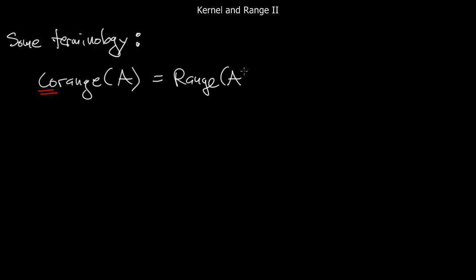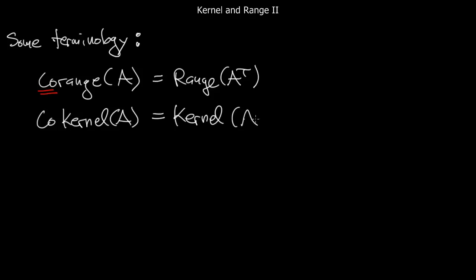So the co-range of A is just the range of A transpose. And the co-kernel of A is the kernel of A transpose. Again, I don't really need to use these terms because I already have words for these things, and I find it easier to limit the terminology and just use range and kernel, but here you have it.